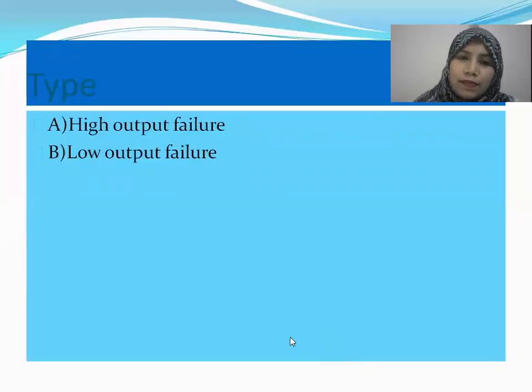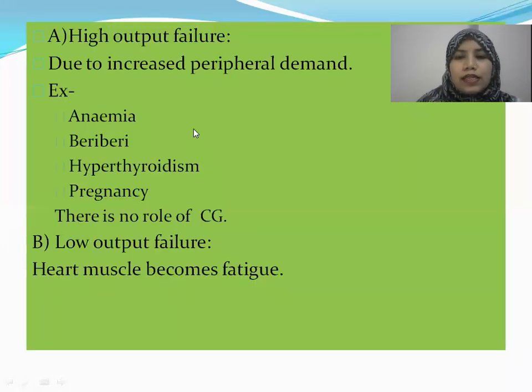Now, what are the types of cardiac failure? There are two types of cardiac failure, high output failure and low output failure. Now, what is high output failure? It is not actual cardiac failure. It is only due to increased peripheral demand. In case of anemia, beriberi, hyperthyroidism, pregnancy, the body demand increases.